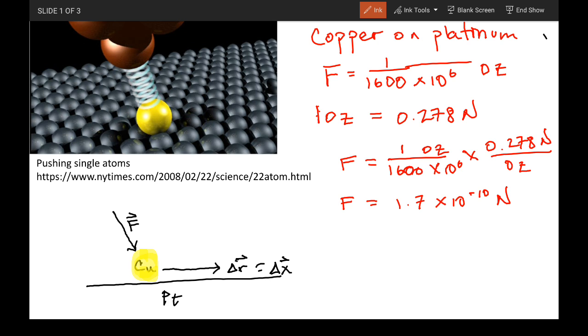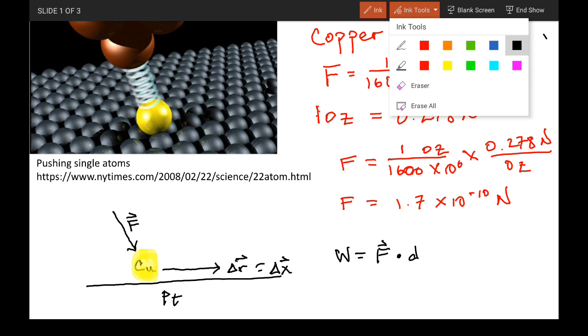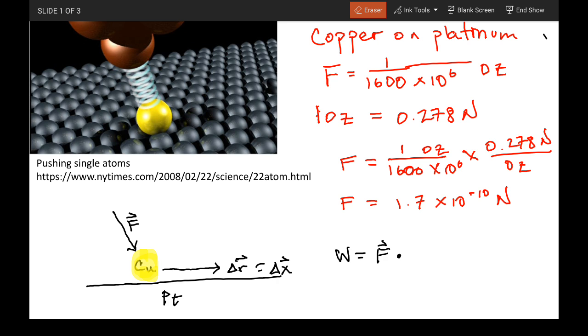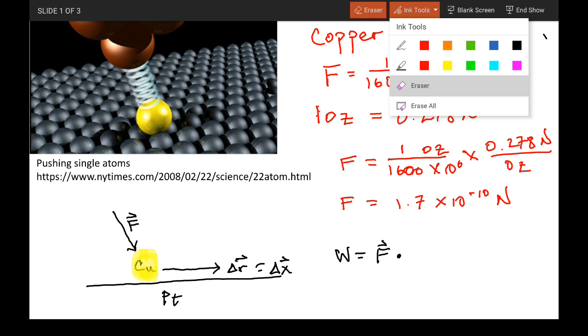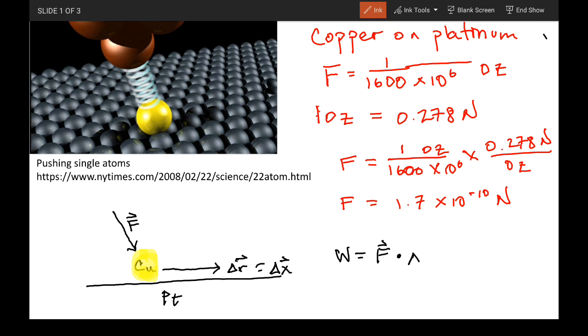And so we know that the work involved here is equal to the force dotted with the change in position. I have a real tendency to want to use a D instead of a delta. Both of those are vectors, and once we take the dot product, they become a scalar.